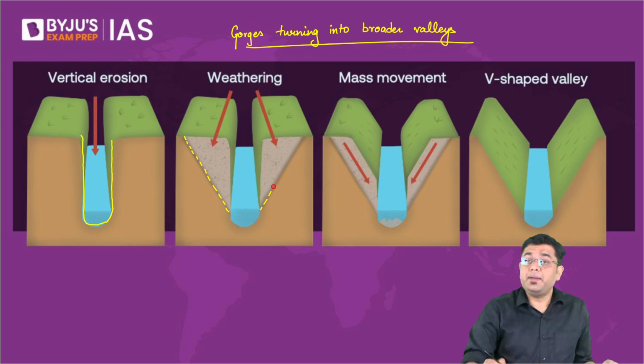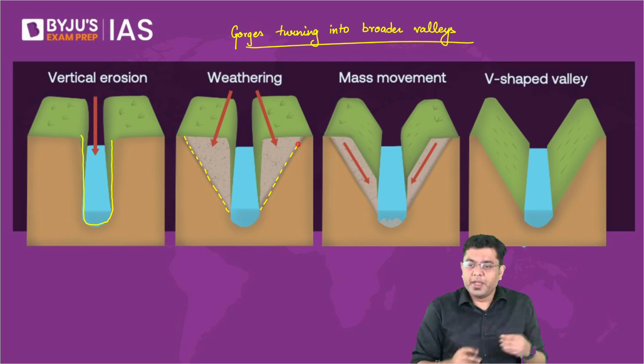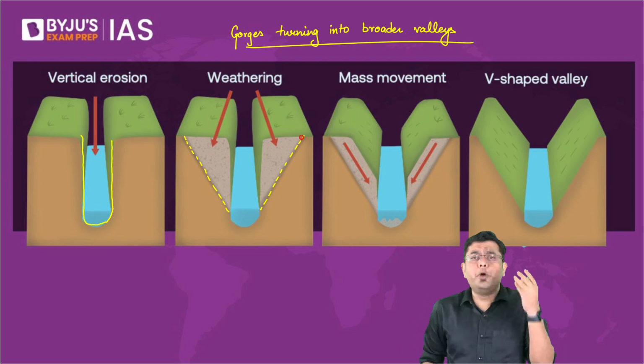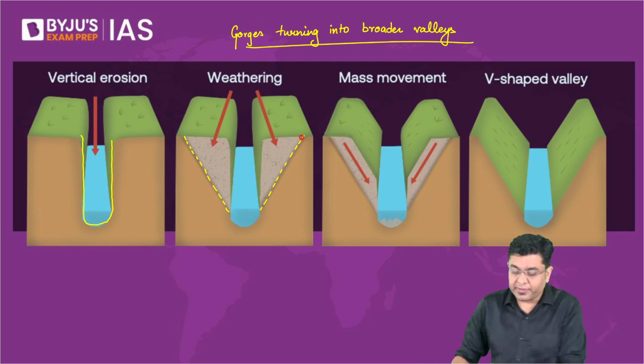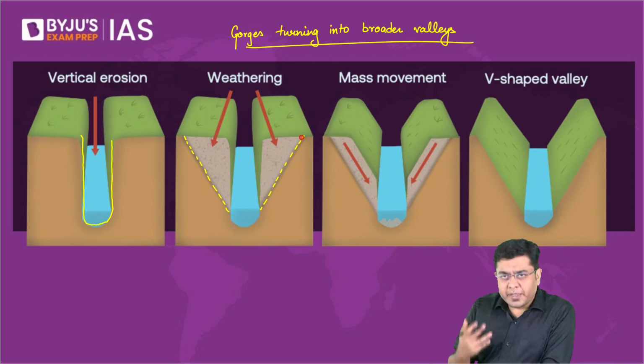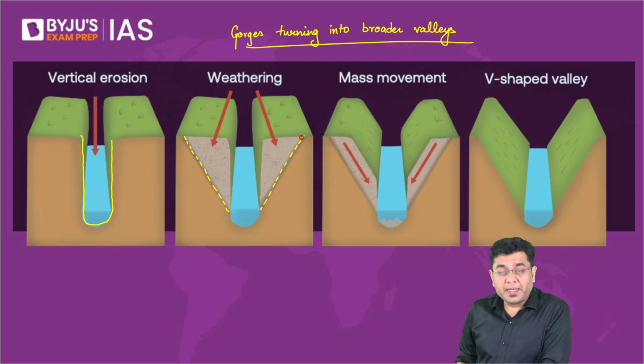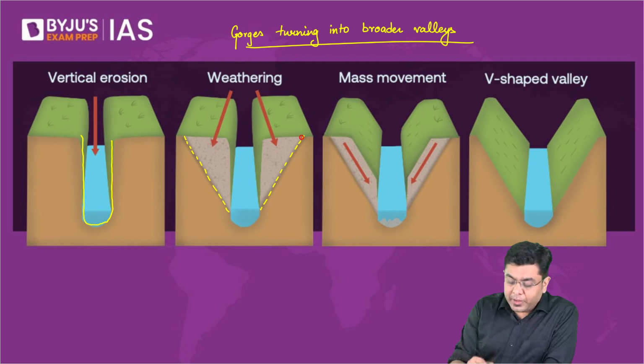So rather than remaining as rocks, they will get broken into smaller fragments, smaller particles, in many of the cases even soil particles. Now then, aided by the influence of gravity, aided by other external forces such as availability of water as well, here you will observe sometimes the large scale mass movement across these slopes.